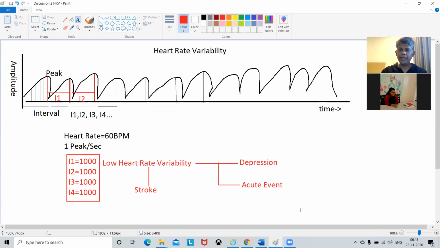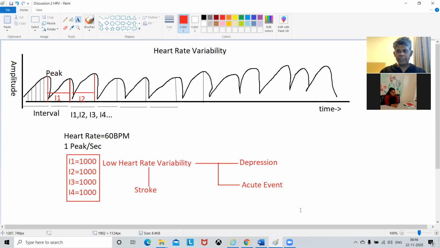There might be a complete occlusion in a certain part of the body. There might be a complete kidney failure. In those kinds of acute events, we don't have any heart rate variability, because the autonomic nervous system mode, the sensor switch, if you remember, is not changing. The switch is not varying. So whatever signal the body is sending, the autonomic system is not responding.